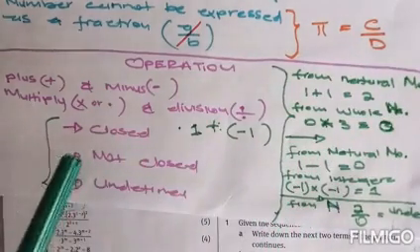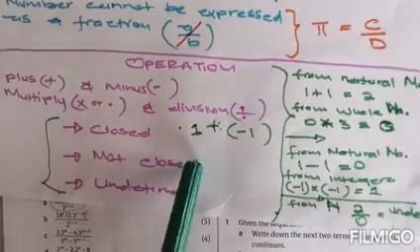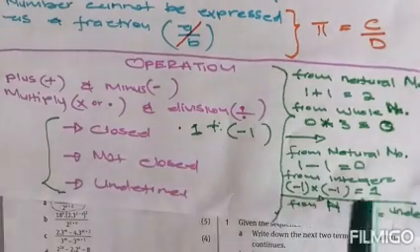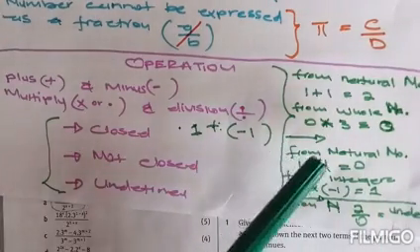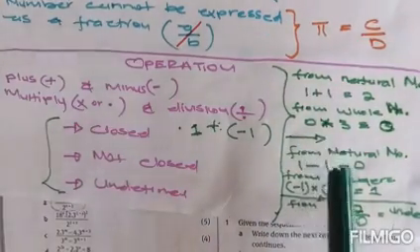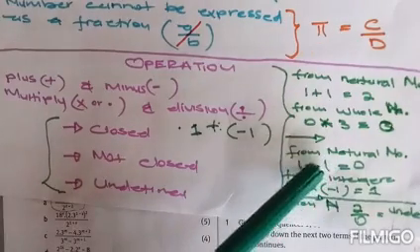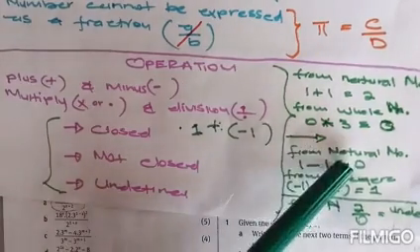We also have a not closed situation. A not closed situation is when, for example, we have natural numbers, which we know are 1, 2, 3, and so on. If we use a subtracting operation, 1 minus 1, it gives 0.